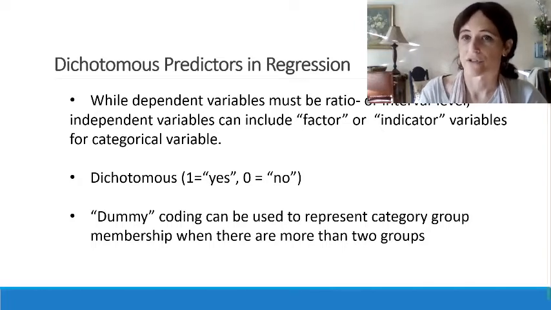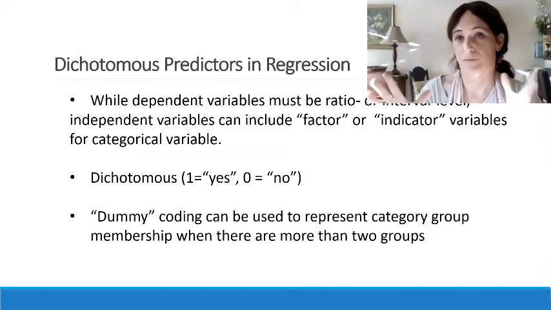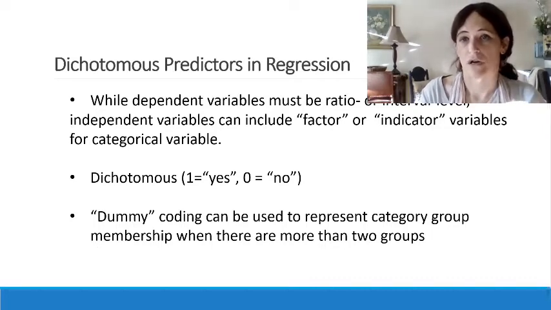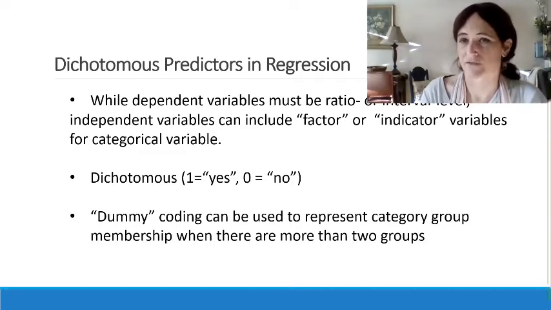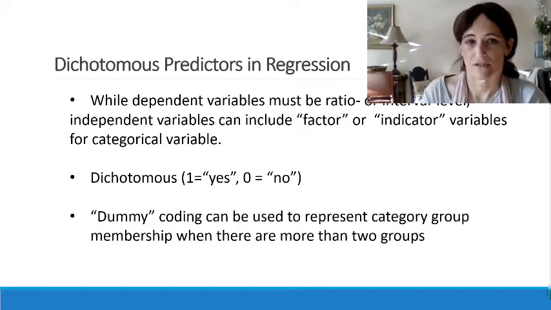So we can include dichotomous variables. And as we'll see, we can actually include categorical variables of multiple categories using an approach which we're going to discuss here shortly. So there is some flexibility with regression models that we don't have with correlation or other bivariate analyses. However, we need to be careful in how we interpret those coefficients.